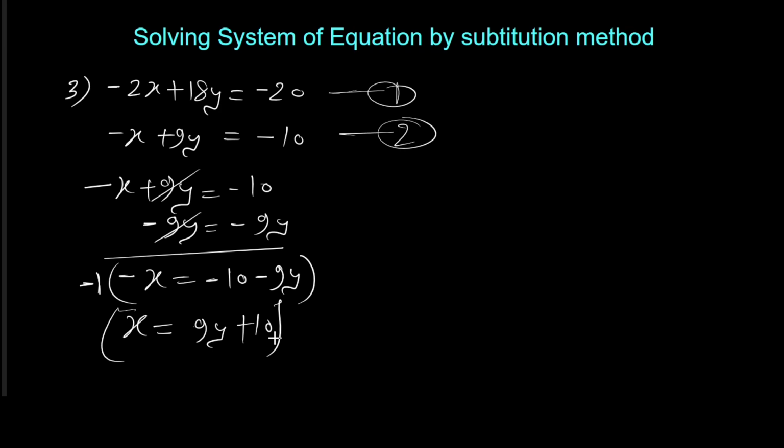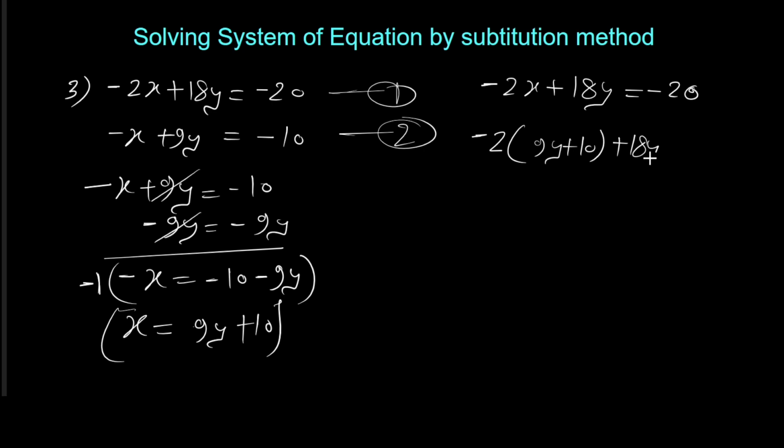Let's plug x equals this value into the other equation. Our first equation is negative 2x plus 18y equals negative 20. So here, negative 2 times x, which is 9y plus 10, plus 18y equals negative 20.